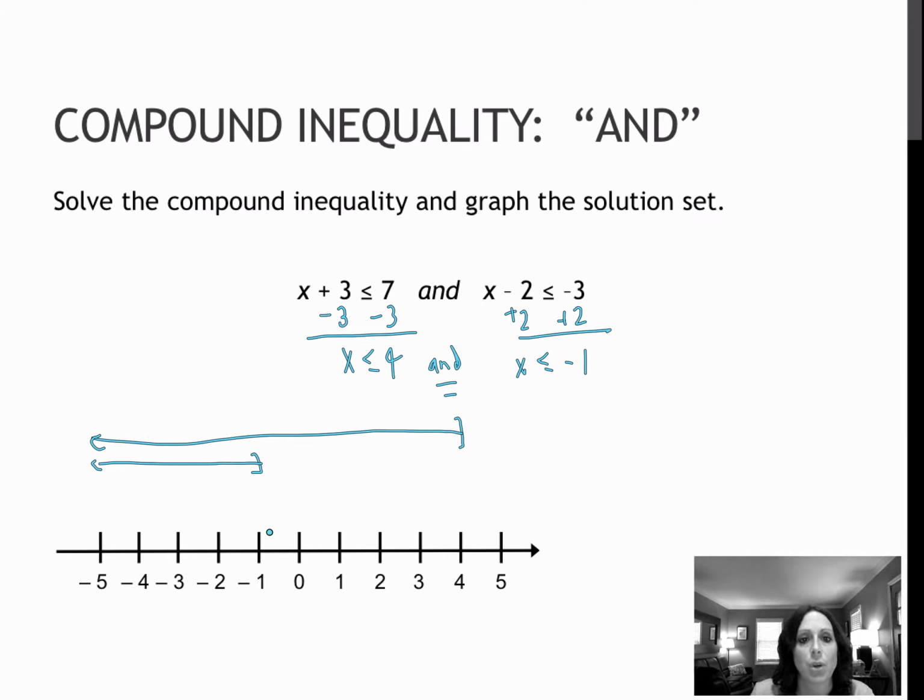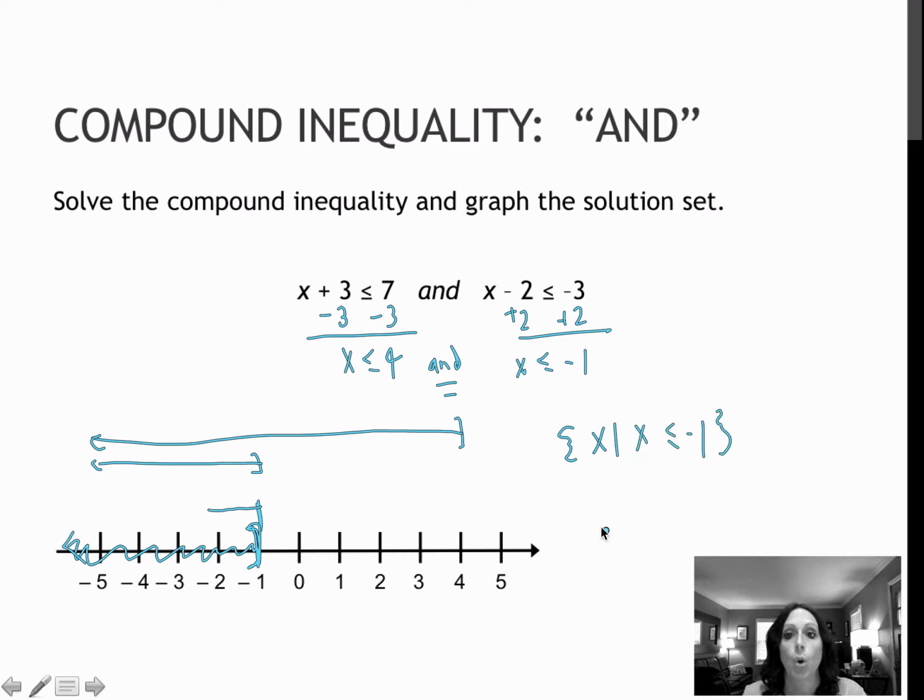But here, from this point all the way over, I'm going to put a bracket here, all the way to -infinity would be my solution. So our solution would be all of the x's such that x is less than or equal to -1, or in interval notation, -infinity up to -1, and of course include -1.